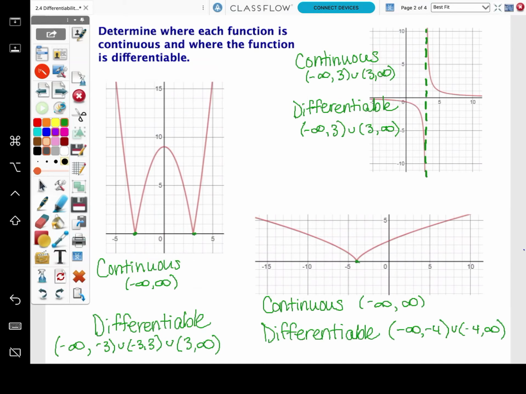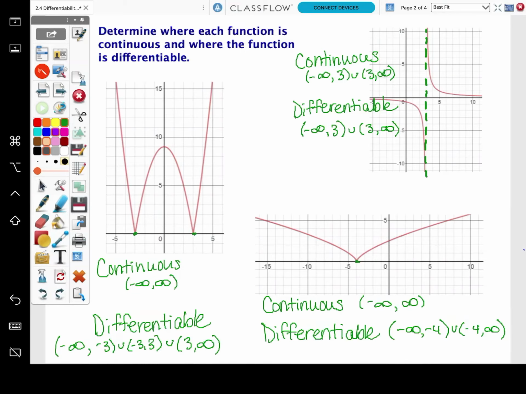Okay, the answers are already here, so we can actually just talk about them. So let's talk about this rational function off to the upper right-hand corner here. There is an asymptote that I sketched in when I was answering these questions. We see it's nice and smooth everywhere except where that asymptote is. So obviously an asymptote is a discontinuity, so we would say it's continuous from negative infinity to 3 and 3 to infinity. And calculus uses interval notation for all of our intervals. You want to get used to that. If you're not already coming out of pre-calculus understanding interval notation, please let me know in class and we'll talk about it a little bit more.